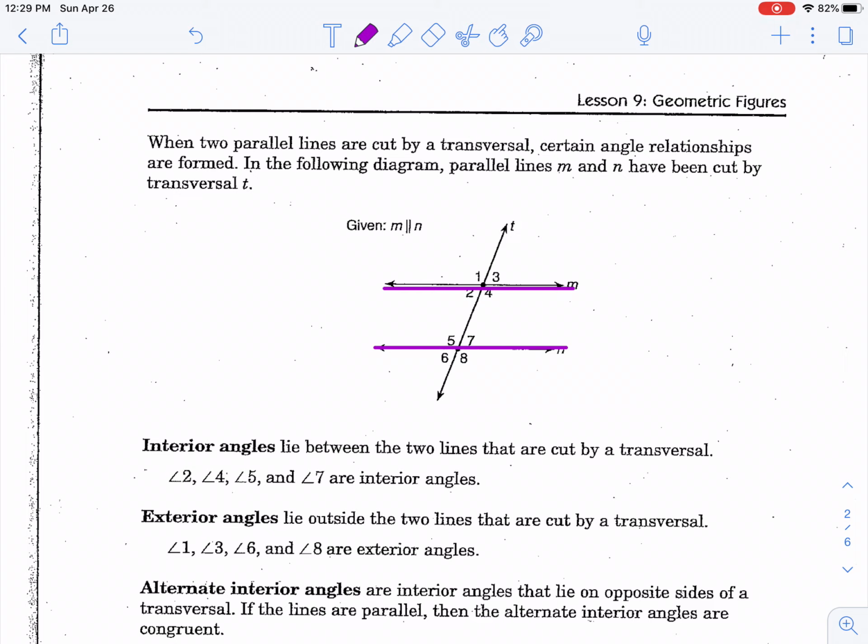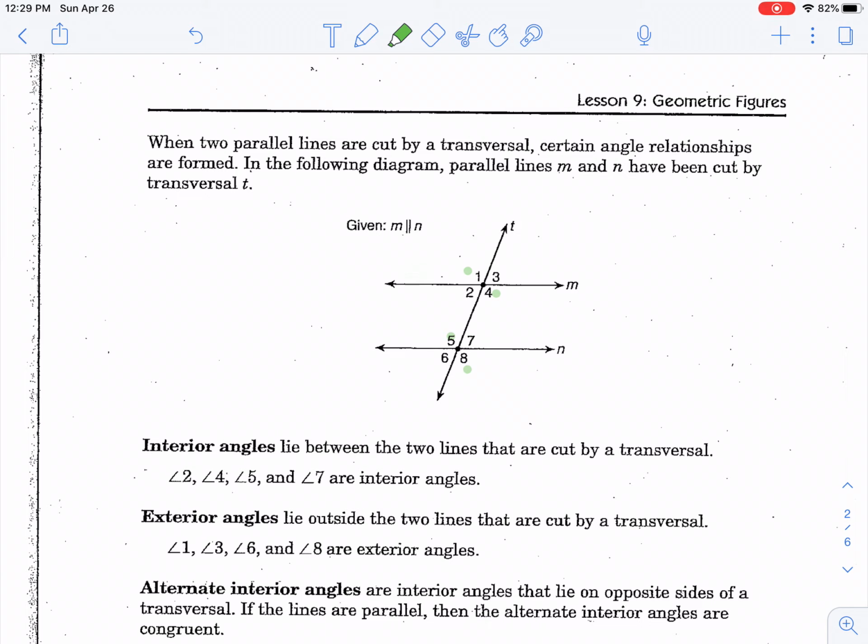Then they're cut or sliced by this line that they're calling T, and that line is called a transversal. So we're going to take a look at these lines and these angles. First we're going to think about angles 1, 4, 5, and 8. What do we notice about those angles?